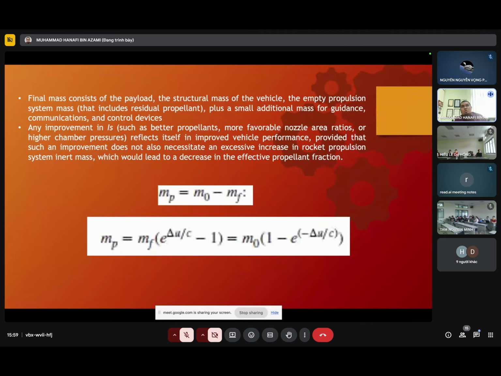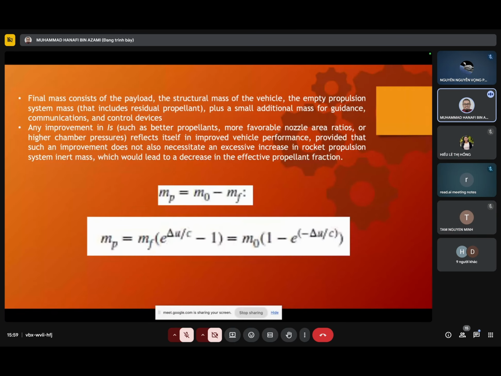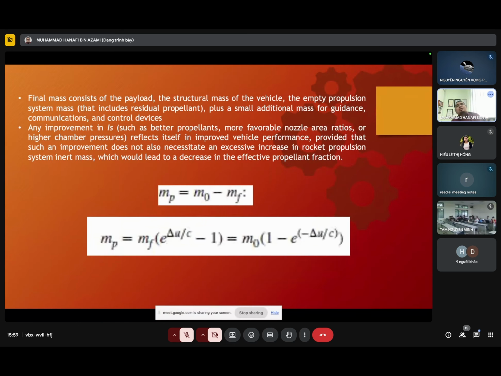If you have a fuel with a higher heating value, for example kerosene Jet A, it gives 42 megajoules of energy. So in 1 kilogram it can give 42 megajoules. That is a better performance indicator.